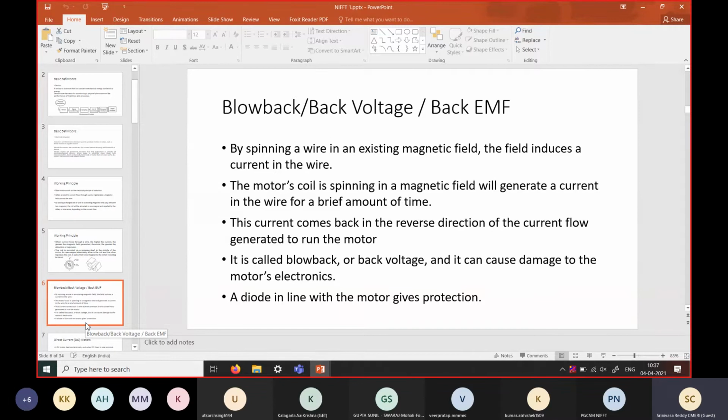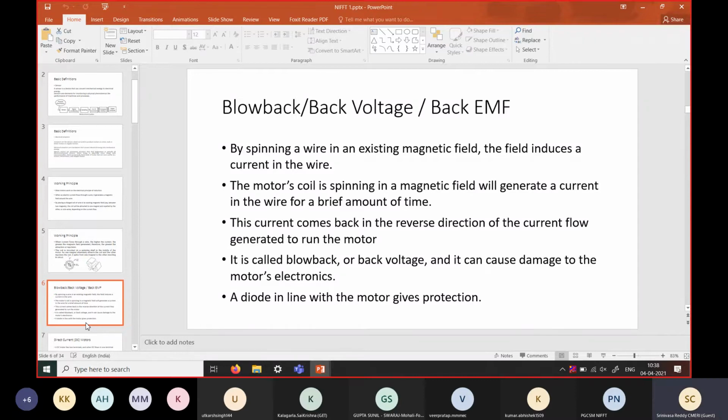What we have learned as the basic principle is that whenever a current-carrying conductor produces a magnetic field, the opposite phenomenon is also true: whenever a conductor moves in a magnetic field, it can produce a current, like the principle of a generator. In a generator, mechanical energy is given as input and it produces electrical energy as output.